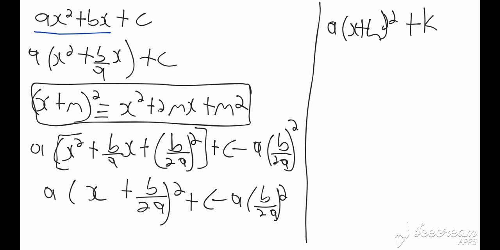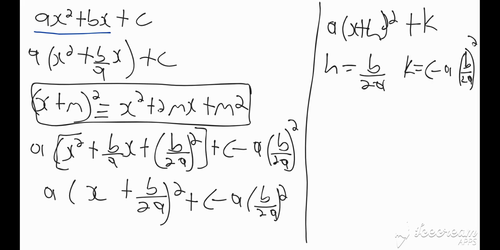Now, if you look at this carefully, you notice that h would be equal to b over 2a. And outside you have k, which is equal to c minus a times b over 2a all squared. But bear in mind that b over 2a is actually equal to h.